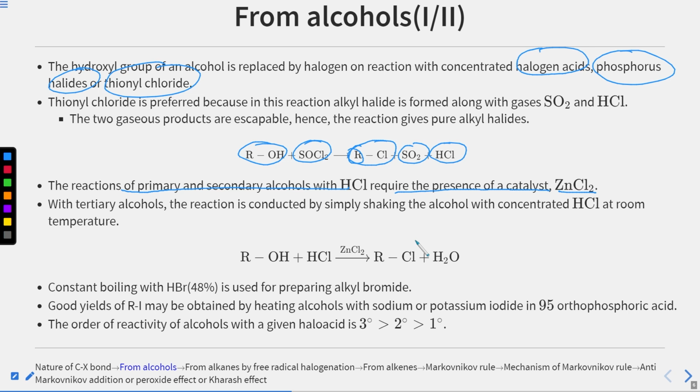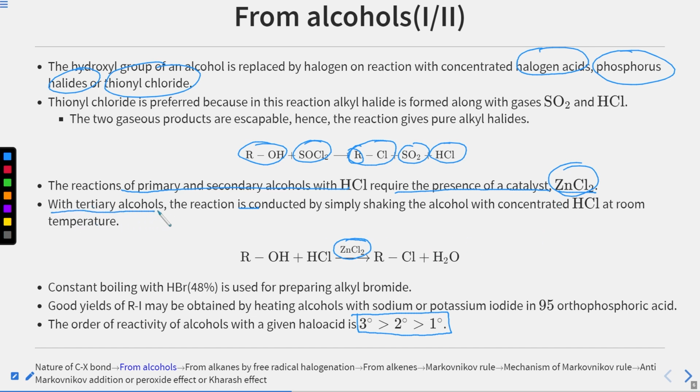If I talk about the relative reactivities, then it is seen that the tertiary alcohol is more reactive, then comes our secondary alcohol, and then comes our primary alcohol. So this is the order. How do we justify this thing? If you have to react primary and secondary alcohol, then you have to use ZnCl2.